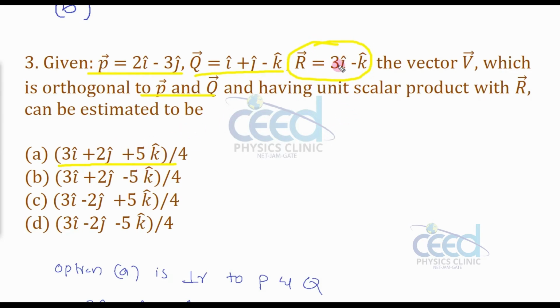That is 3 into 3, that is 9, minus k cap, that means minus 5. So 9 minus 5, that is 4, 4 by 4, 1. So it has unit scalar product with R also. So A is the option. We need not go to the next step, because the first option itself satisfies the condition.